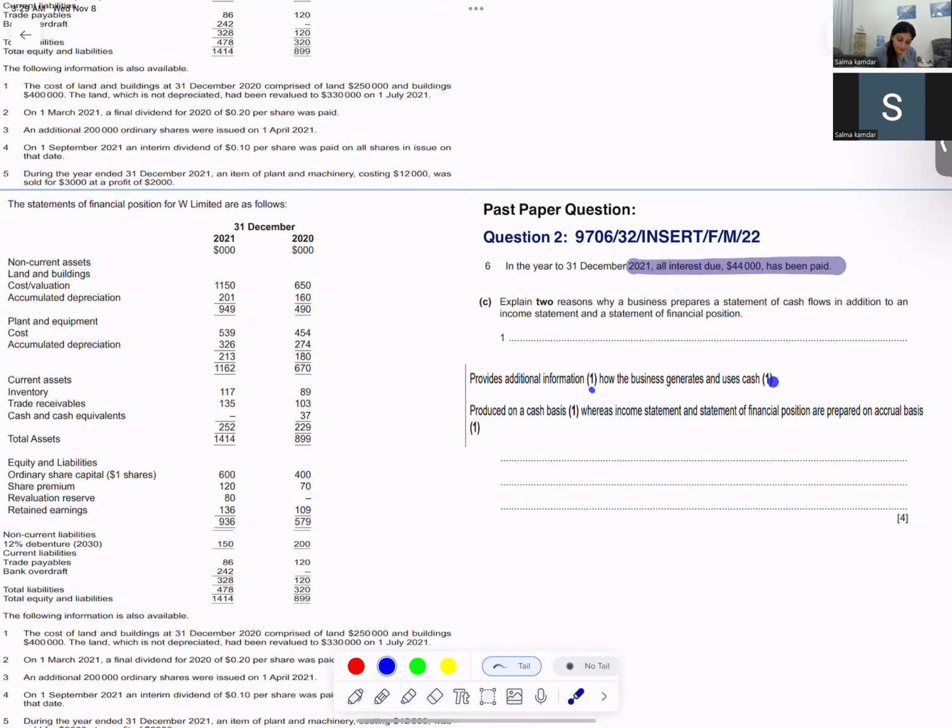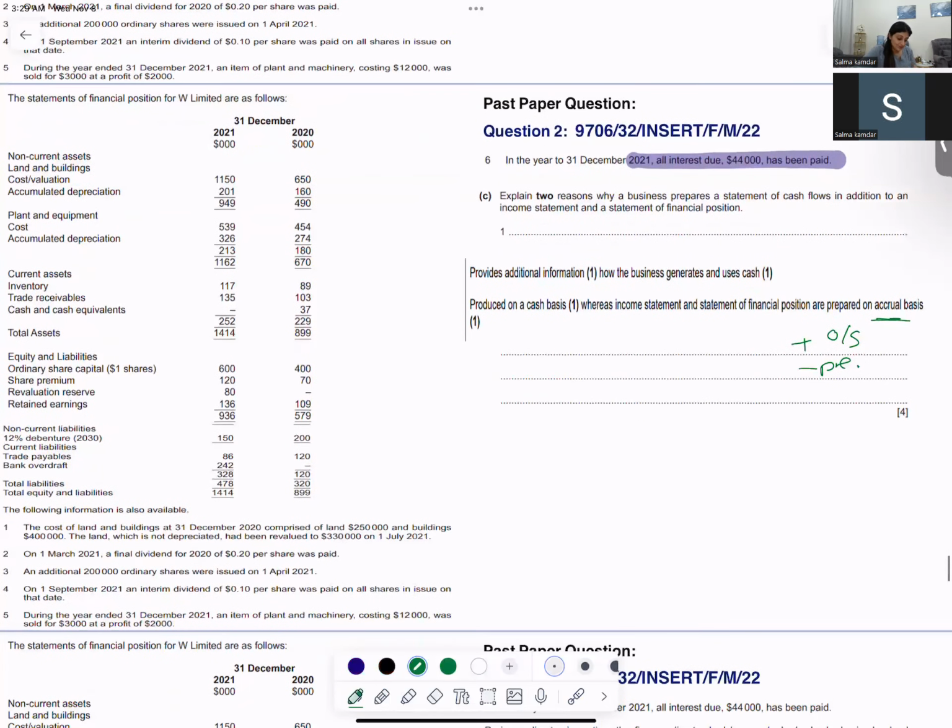So 1 and 2: the statement of cash flow is produced on a cash basis, whereas your income statement and statement of financial position are produced on accrual basis. That means it also takes the outstanding and prepaids into consideration. So why do we prepare a cash flow? Because it is on cash basis. We get additional information from which activity we are generating cash and from which activity we are using the cash.